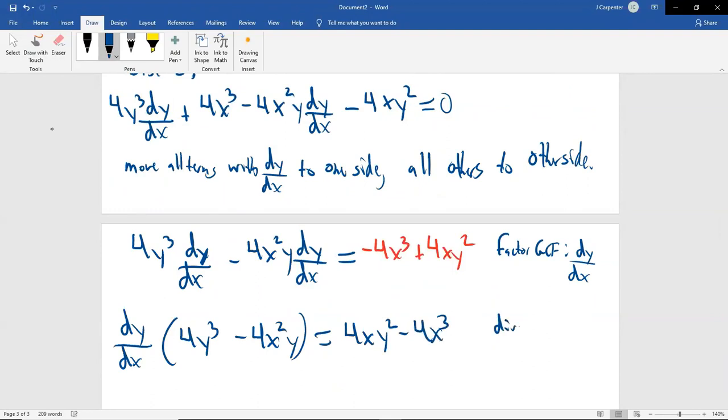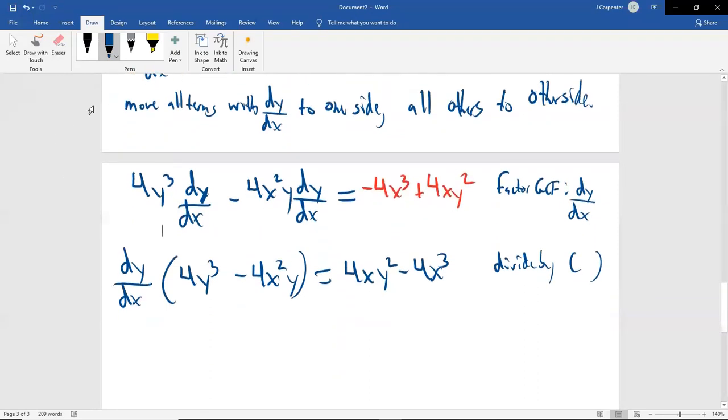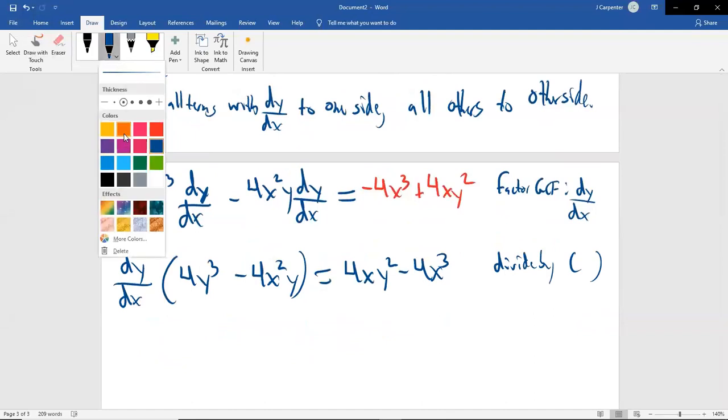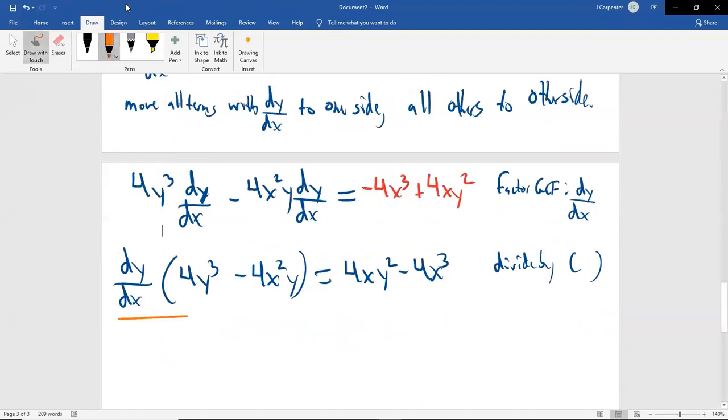And then we just divide by the thing next to the dy dx, divide by the parentheses. I'll show that step. Divide both sides by 4y cubed minus 4x squared y.